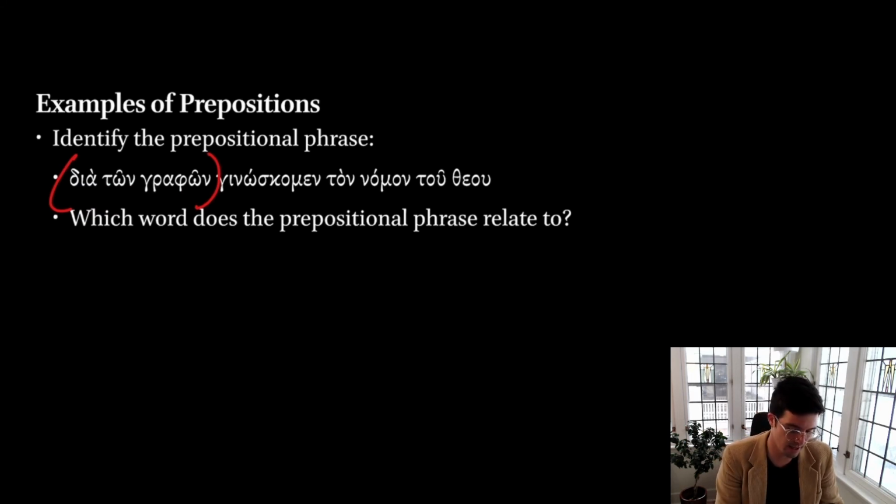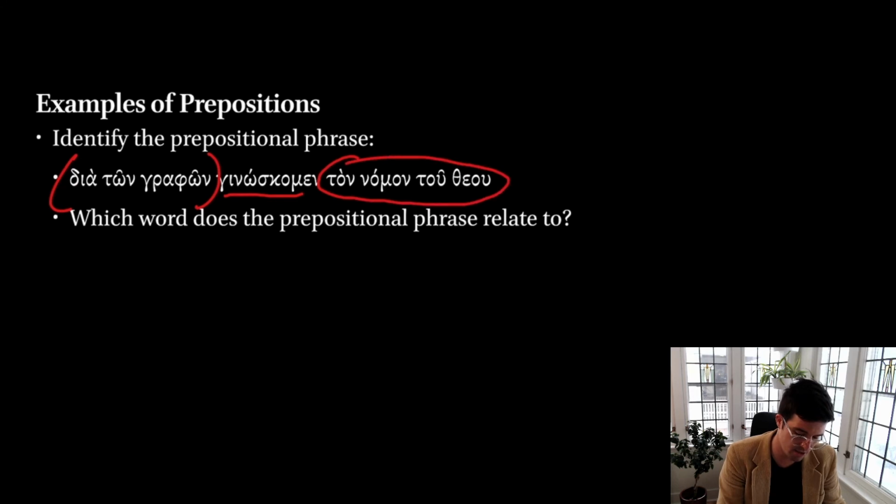So the answer here is it most closely relates to the word that comes directly after it, ginoskomen. So we know, and to mark our sentence, our indicative verb is ginoskomen, and the thing that we know, the object, is going to be ton nomon tou theou. We know the law of God. So our subject is in the omen ending, an implicit subject.